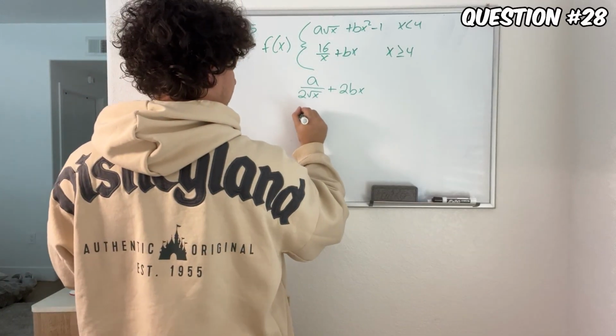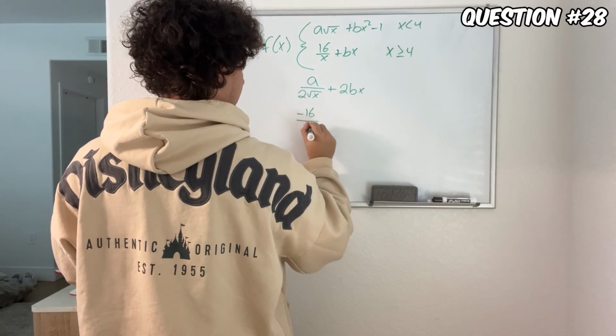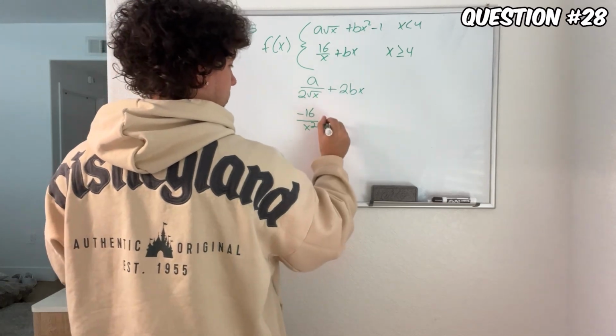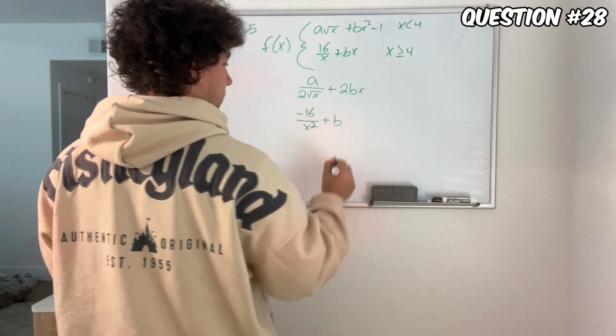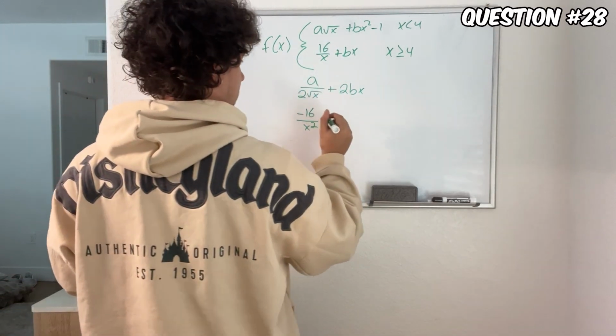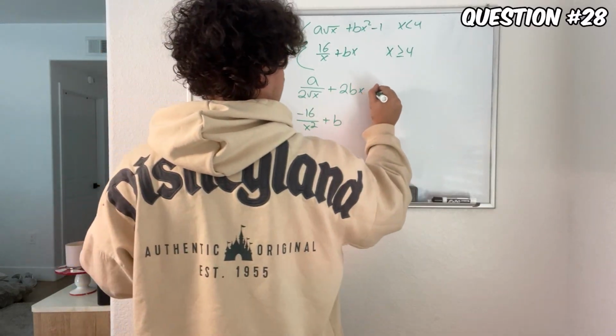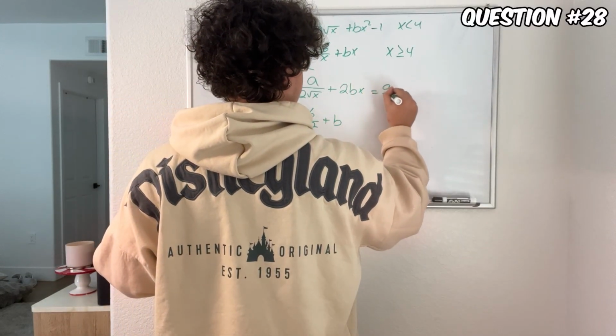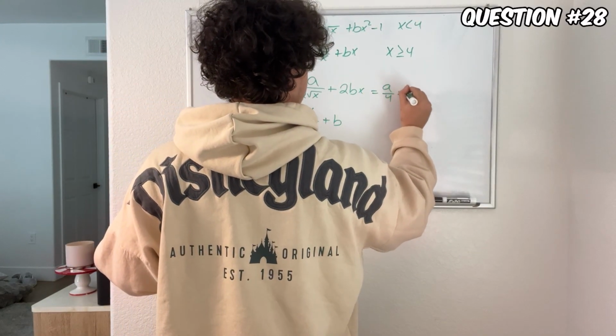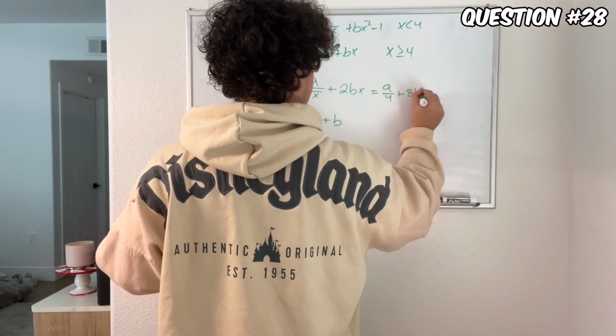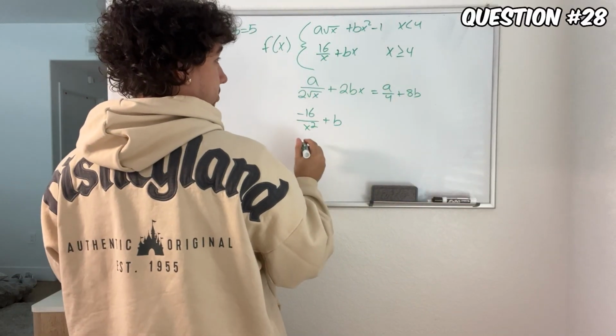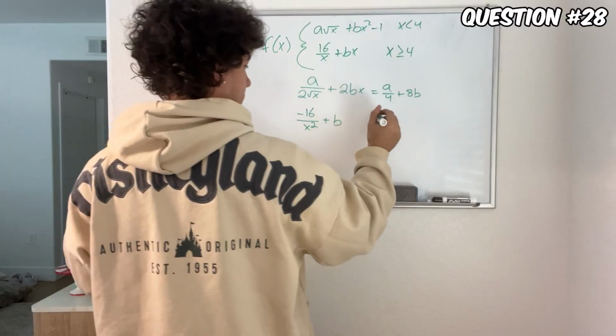It's just going to be negative 16 over x squared plus b. I'm going to plug in 4 for x. So this is going to be equal to a over 4 plus 8b. And then I'm going to do the same thing on the bottom here. That's going to be, well, negative 1 plus b.